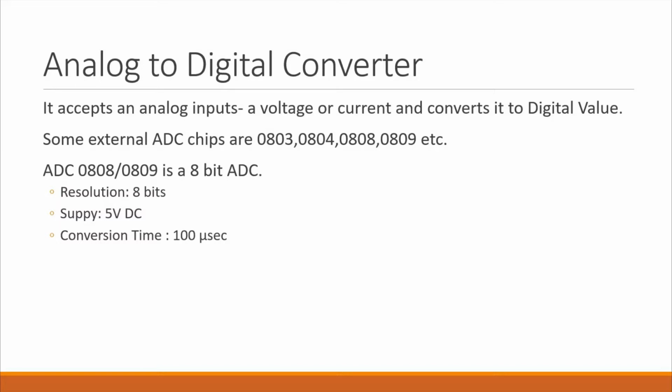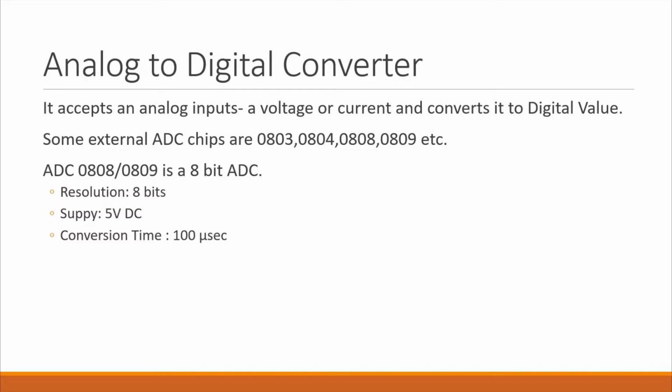Some ADCs that are available in the market are 0803, 0804, 0808. These are just the numbers provided by the manufacturer. As per your syllabus, the ADC which we will mainly focus on for this lecture is the 0808 or 0809. It's an 8-bit ADC. It has a resolution of 8 bits. We'll see what we mean by resolution.